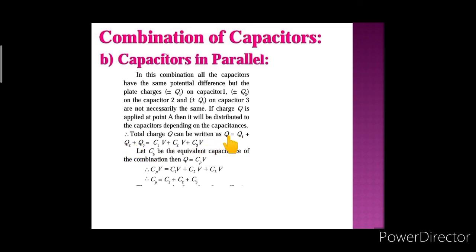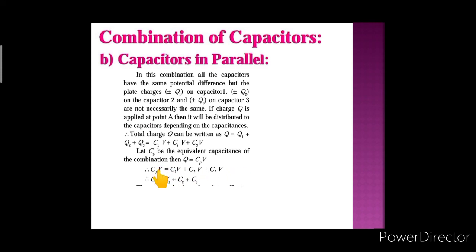So we can write Q as Cp into V is equal to Q1, which is C1 into V, plus Q2, which is C2 into V, plus Q3, which is C3 into V. As the potential on the left hand side and right hand side is the same, we can take out the common potential V, so in the bracket C1 plus C2 plus C3 remains.